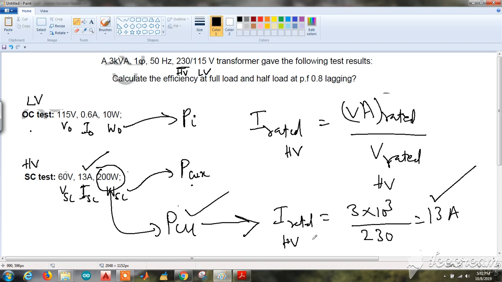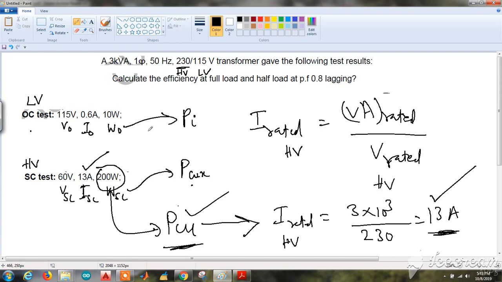It is full load copper loss because it is corresponding to the rated current. If 13 amperes was not equal, that is, if we got some other value here, then we would have to find out the value of full load copper loss. But in our case we got equal, so we are not finding it. We have directly got our full load copper loss, that is 200 watts, and our iron loss, which is always fixed, is 10 watts.